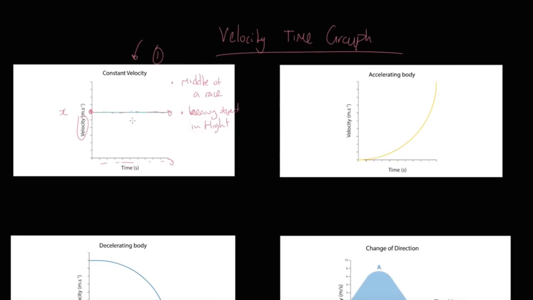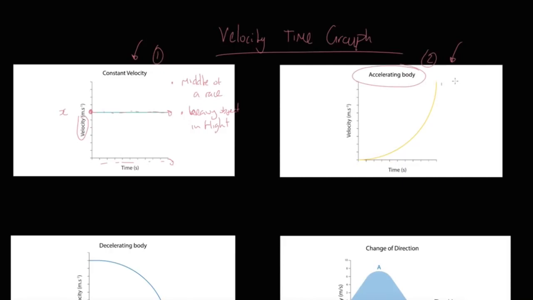Now it doesn't change there, but that does change if we look at example 2. Now we're looking at an accelerating body. This time the rate of change of distance increases over time, so our velocity increases over time. Why? Because the body is accelerating. As time passes, the rate of change of velocity is getting greater and greater, and that is an example of acceleration.